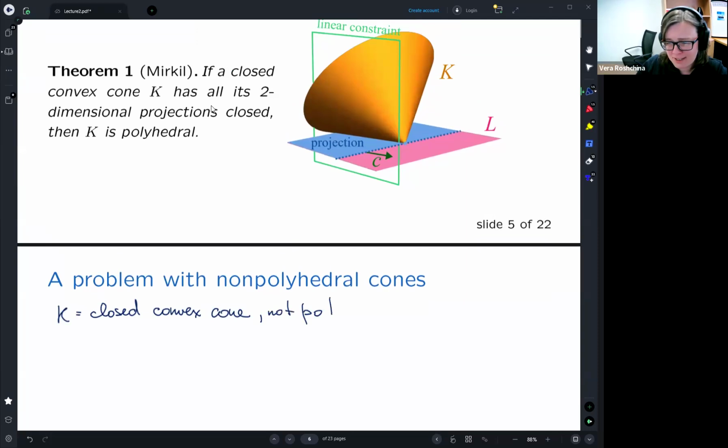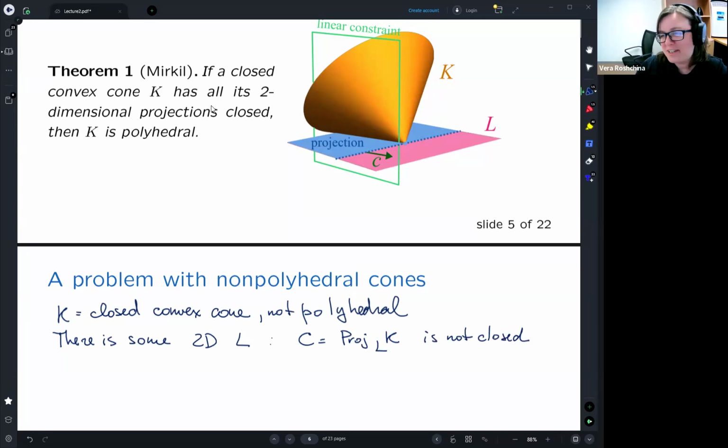And this stuff is very old. The theorem is from the 1950s. So this is a closed convex cone, it's not polyhedral. So there is some projection of this convex cone onto a two-dimensional subspace L that is not closed, right? So there is some two-dimensional subspace L such that C, the projection of K onto L, is not closed.